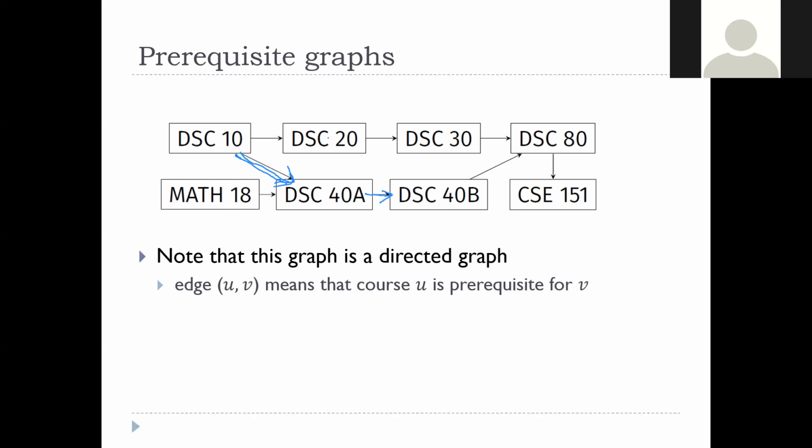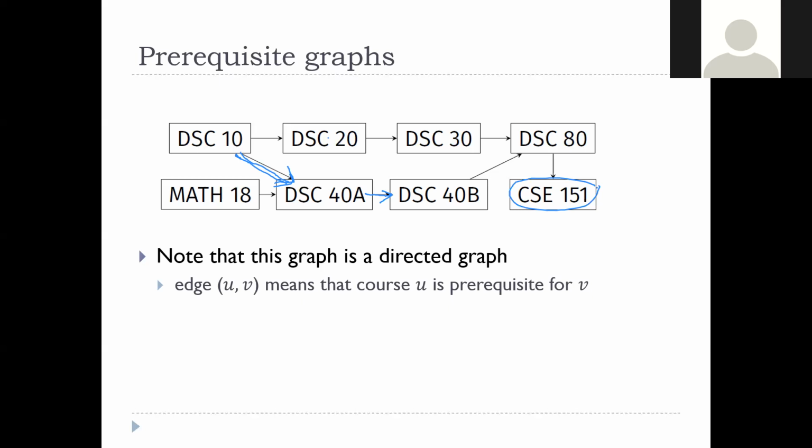Now, this means the immediate requirement that one course has to be taken before the other. But there are also indirect ones. For example, before you can take CSE 151, the prerequisite is DSC 80.